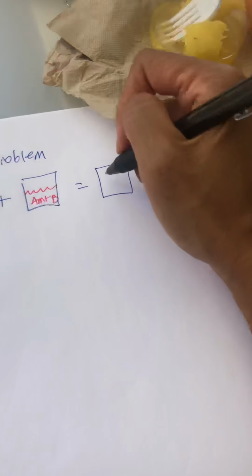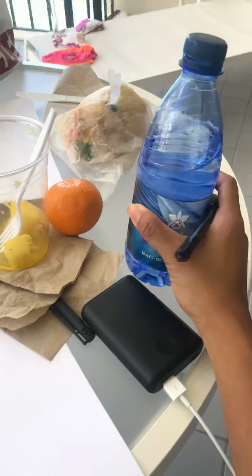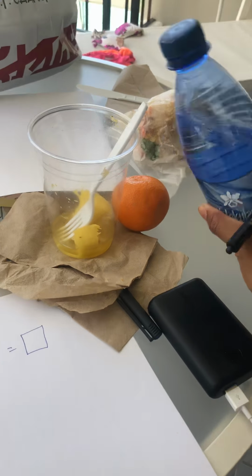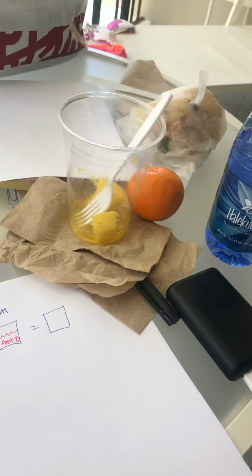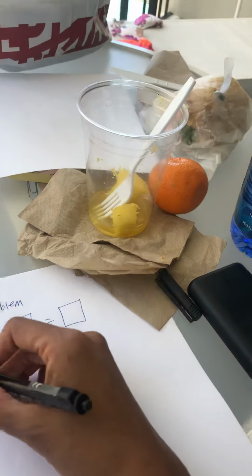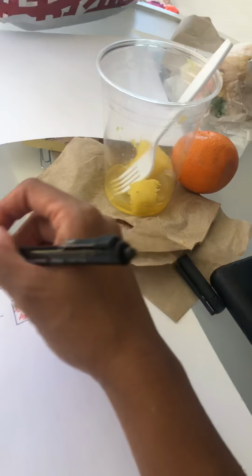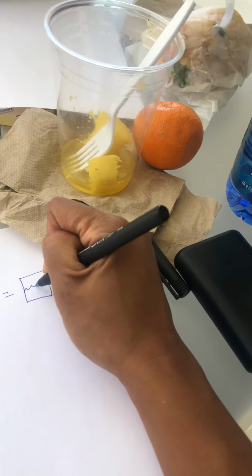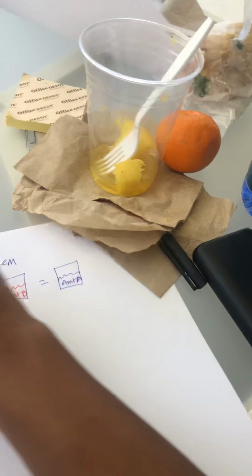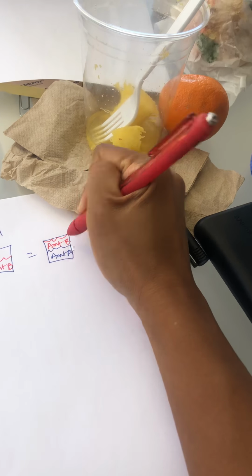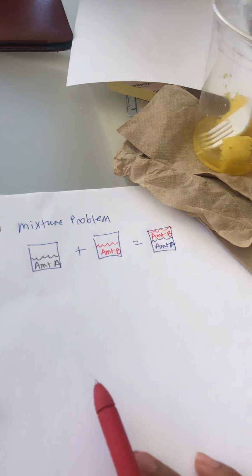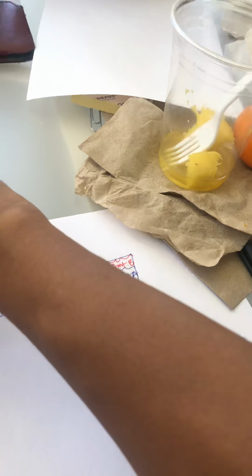So the amount of something called B, and when you mix them together, it's just like if I had this water and I poured it in here, and then I had another drink and I poured it in there and mixed it. What you're doing is adding the two amounts together. So you have amount A plus amount B. Here, this shows the total amount.